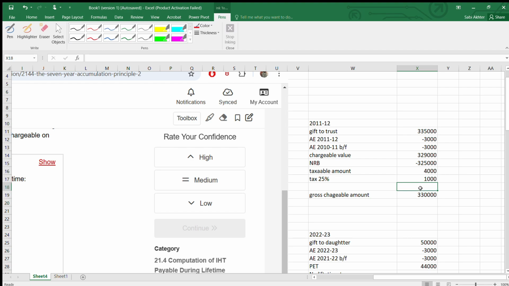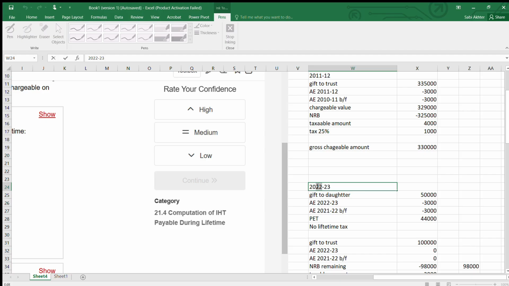Now moving on to the next gift, which is 2018-19. For 2018-19, it is a gift to trust once again. So what is the value? It is 250,000. And now we will be deducting the annual exempt amount.